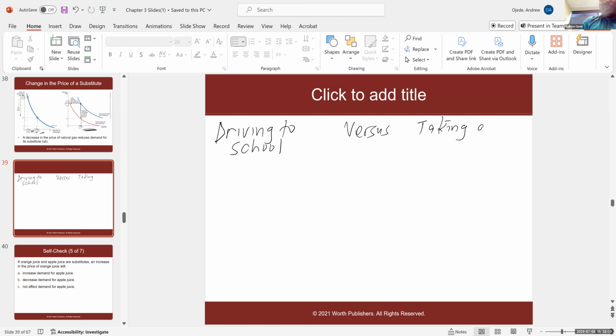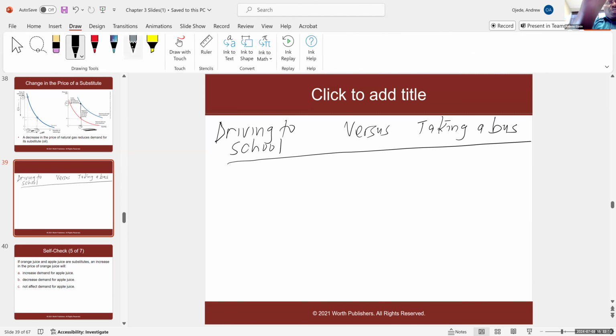Those are substitutes. You better not be in both. It's not possible to drive your car at the same time you ride in a bus. So two goods are substitutes if the use of one precludes you from using the second good. That's just clear. You can define it that way.